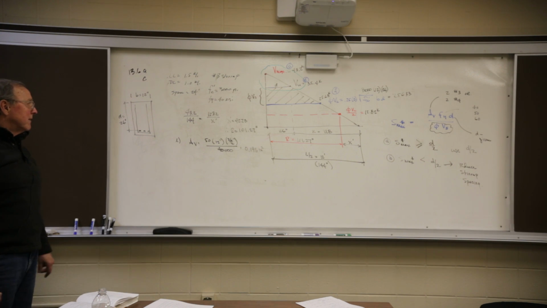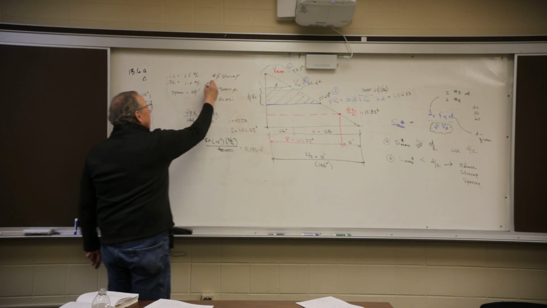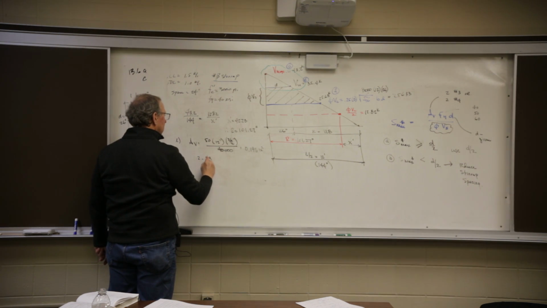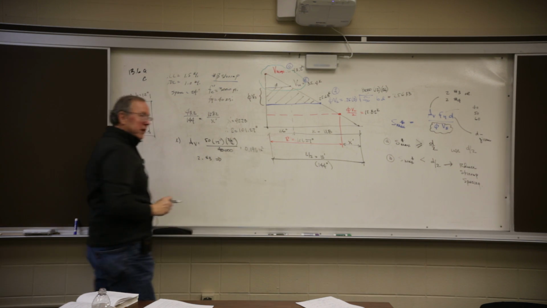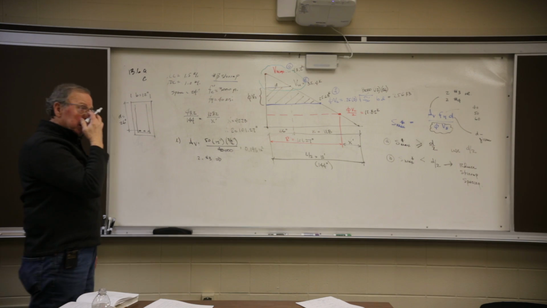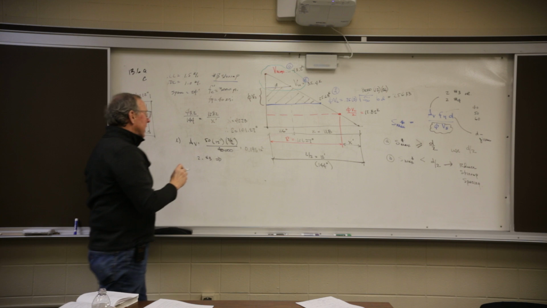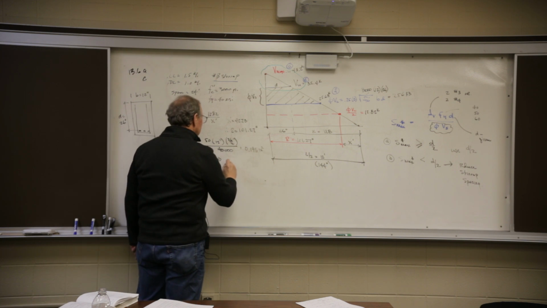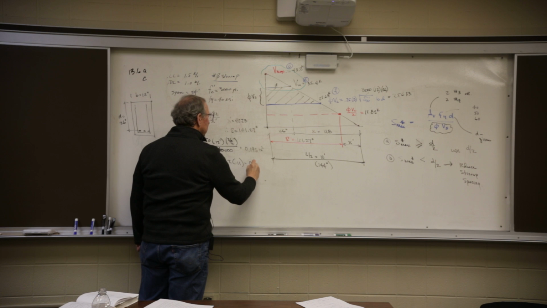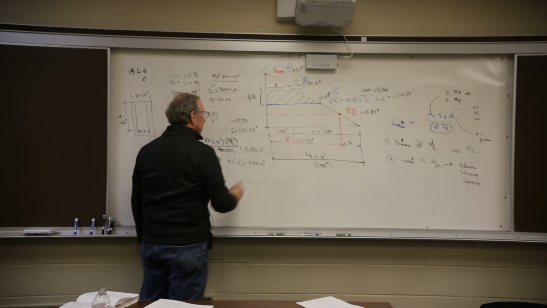How much do I have? I've got the 2 number 3s. If you go to page 416, you look up a number 3 bar, it's going to tell you the area of 1 number 3 is 0.11. 2 times 0.11 gives me 0.22 square inches.